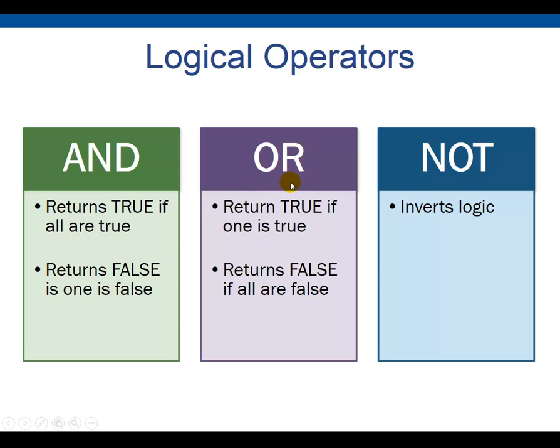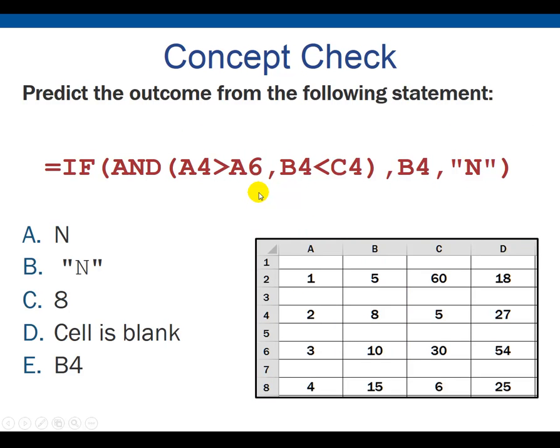OR returns true if one of them is true, and returns false if all are false. Okay. NOT is invert logic. So if it is true, then it says false. If it is false, then it says true, because it's a NOT operator. It's an invert logic. So let's look at some examples.